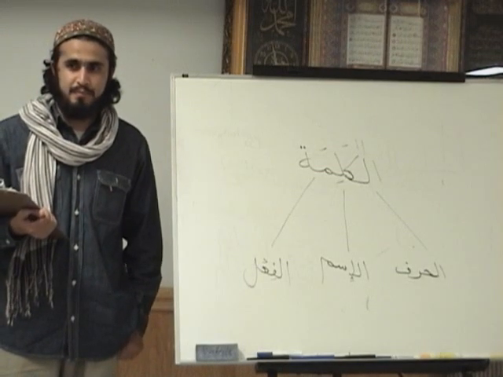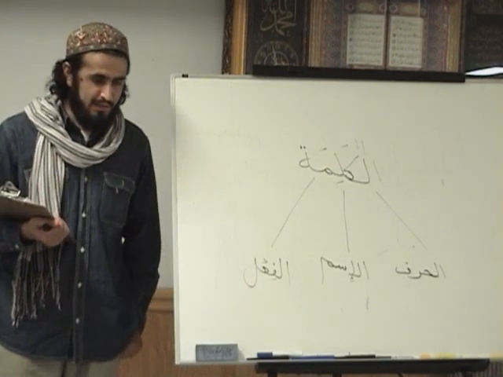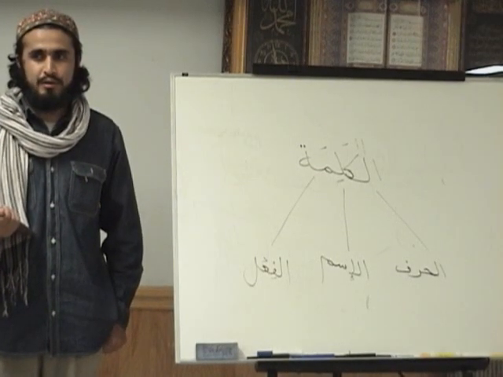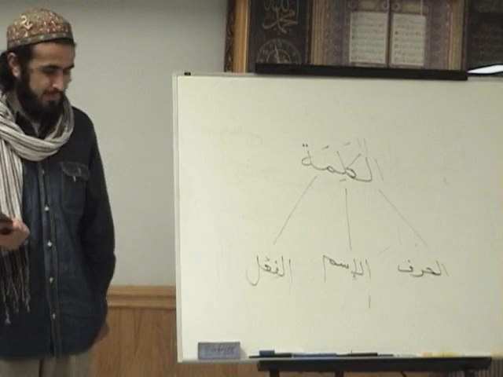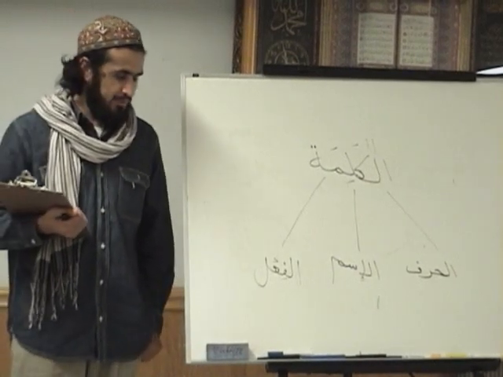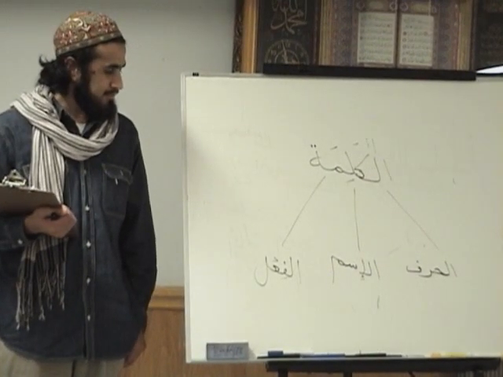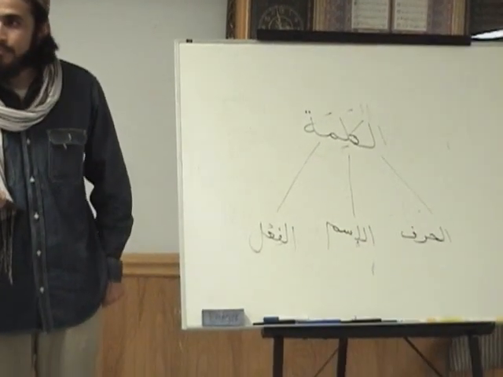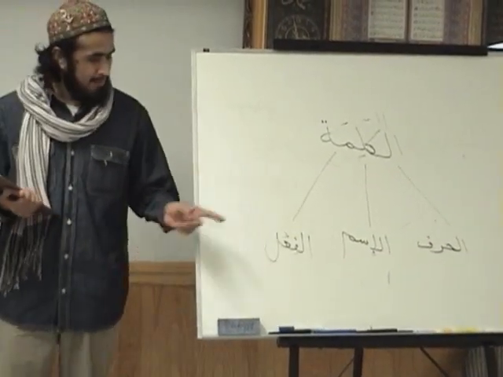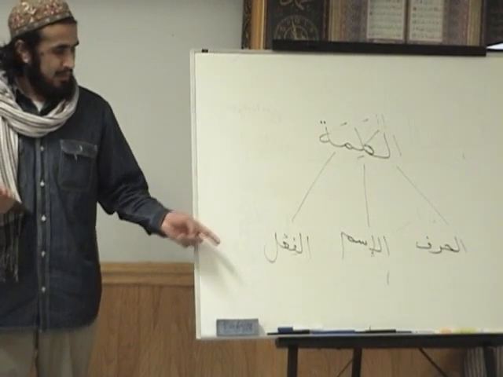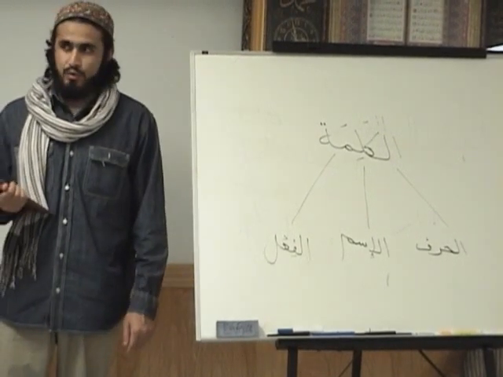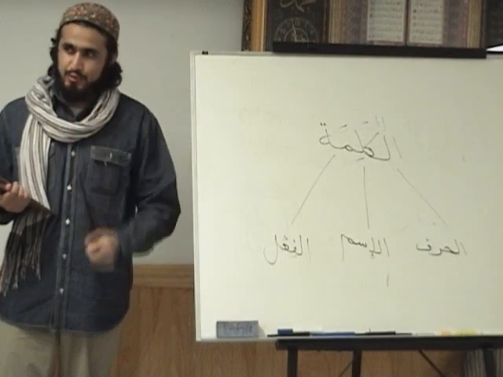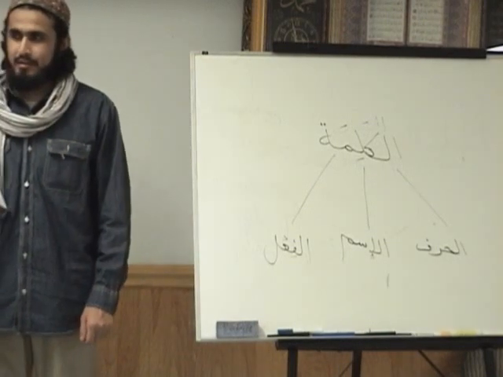It's a word which has a meaning, and that meaning implies time in the past, present, or future. Can you repeat that one more time? Sure. Al-fi'l is a word that has a meaning attached to or implying tense.